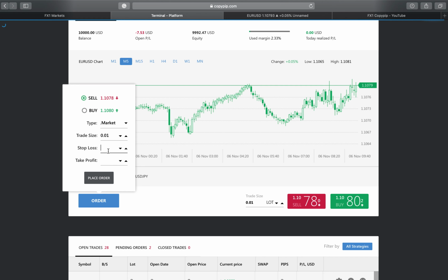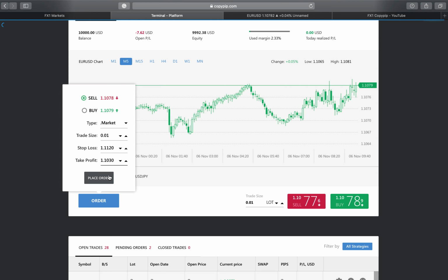I can set a stop loss, and take profit 1.1030. Okay, let's say these numbers, you need to know from before. This is just an example.